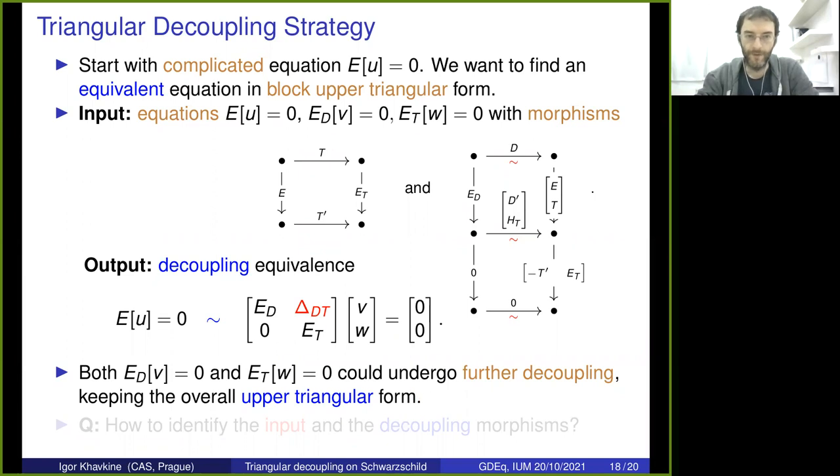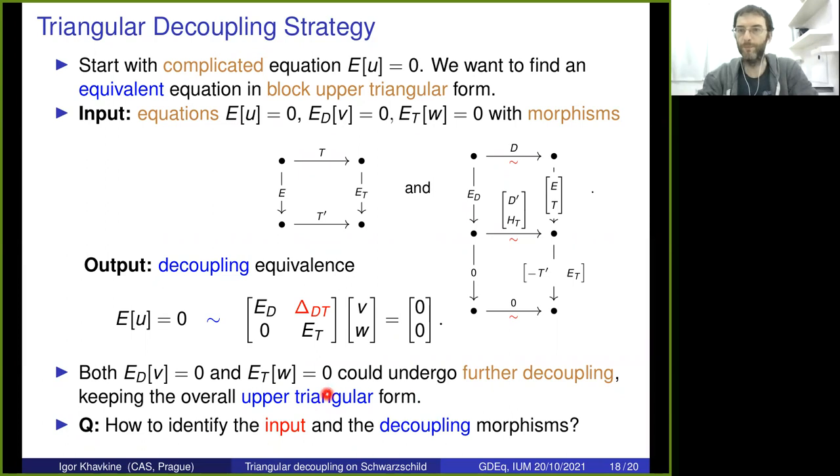All right, so the question becomes, besides this formal machinery of using morphisms between complexes of differential operators, I need to find this input somewhere. So I need to find these input morphisms to do the simplifications.